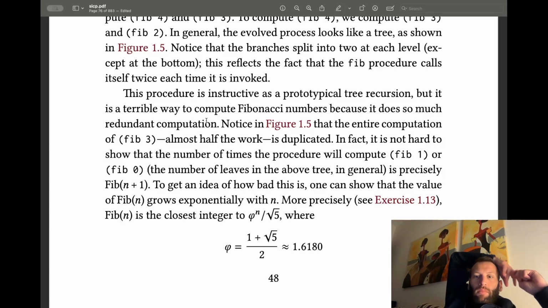In fact, it is not hard to show that the number of times the procedure will compute fib 1 or fib 0, the number of leaves in the above tree in general, is precisely fib of n plus 1. To get an idea of how bad this is, one can show that the value of fib n grows exponentially with n.